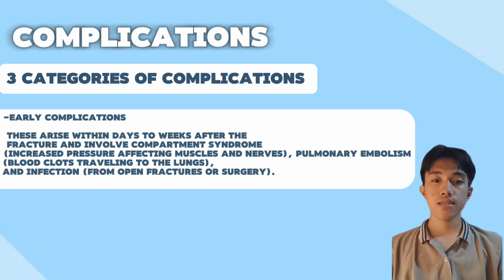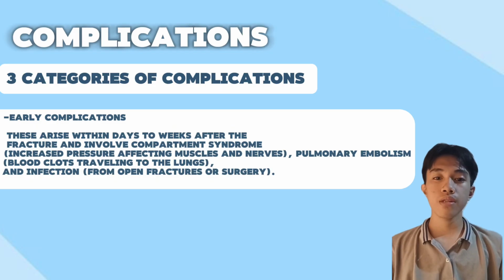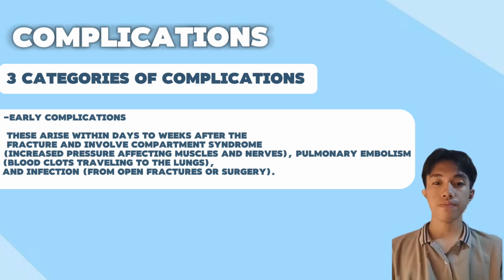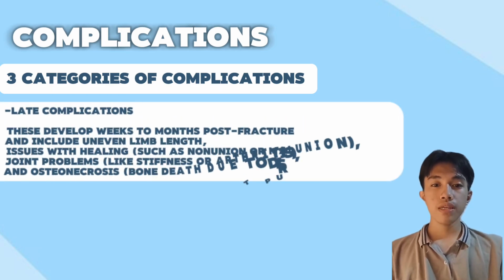Early complications. These arise within days to weeks after the fracture, and this involves compartment syndrome, increased pressure affecting muscles and nerves, pulmonary embolism, blood clot traveling to the lungs, and infection from open fractures or surgery. Late complications.